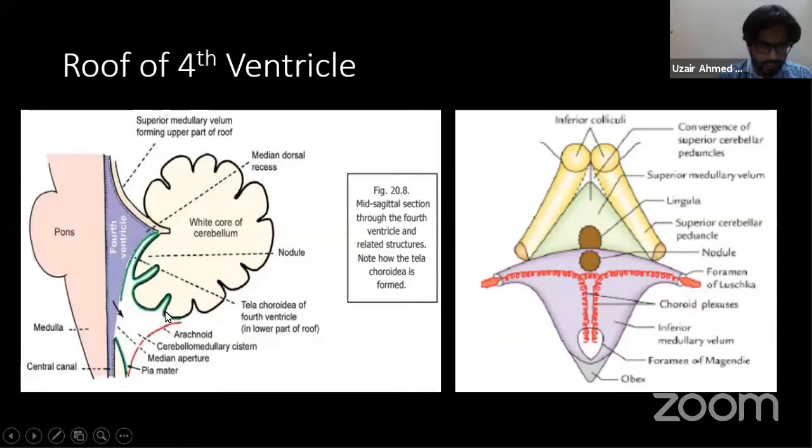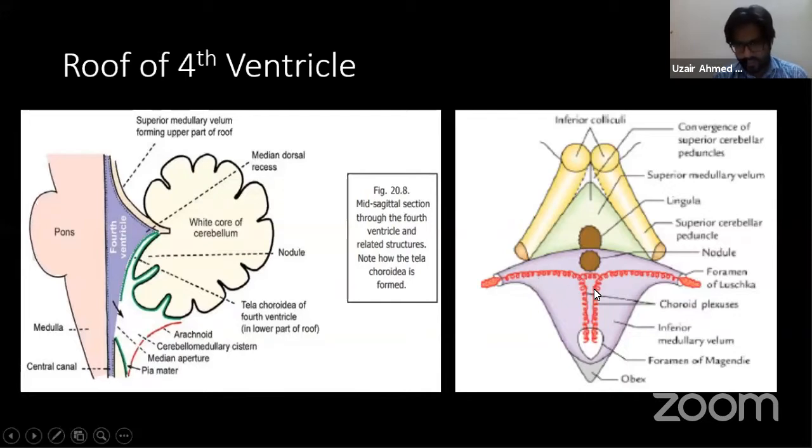So it is actually the pia mater of the cerebellum that goes upward, upward, and upward till the notch of the cerebellum, and then it reflects upon itself, and at this level, this collective layer, this double membranous layer of pia mater is known as the tela choroidea, that is responsible to contain choroid plexus within it, and we all know choroid plexus produces CSF and it communicates with the cavity that we are going to discuss later on.